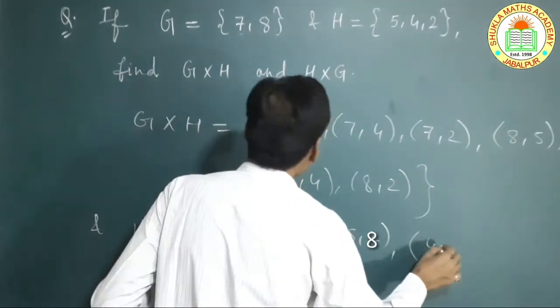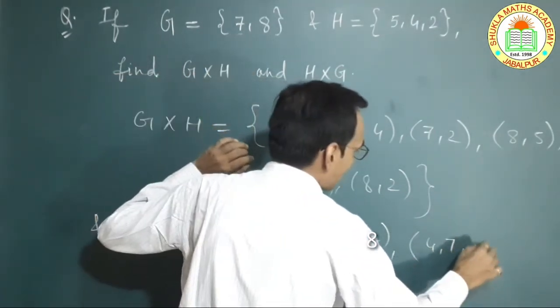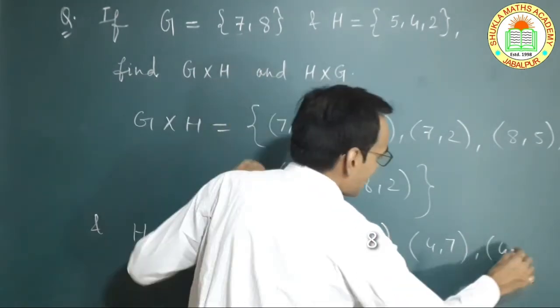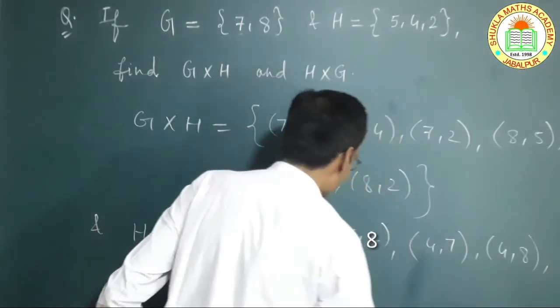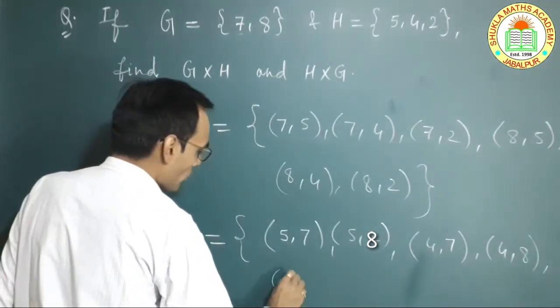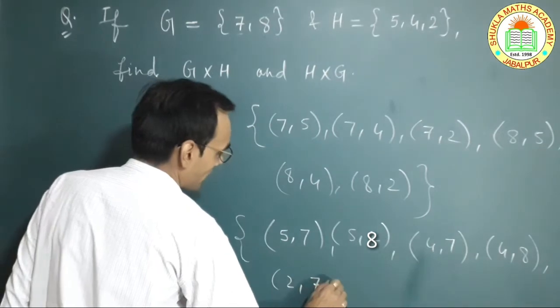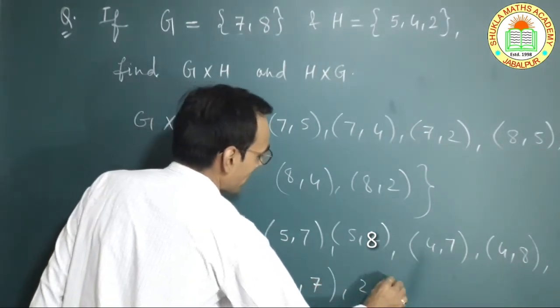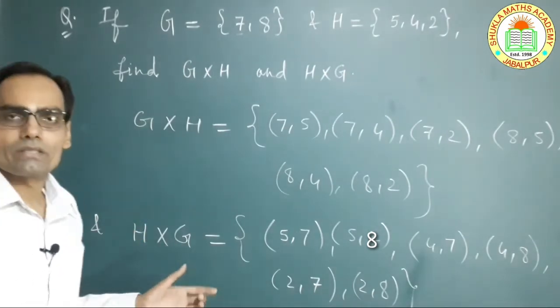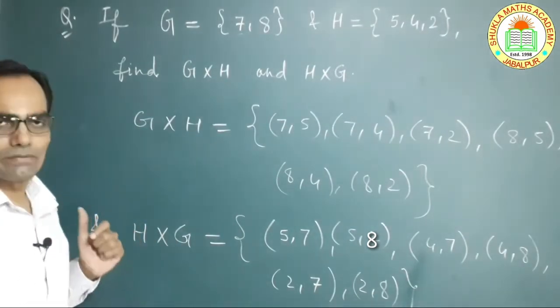So 4 and first element of G is 7. And now 4 and next element is 8 of G, right? And the last element of H is 2. So (2, 7) and (2, 8). So this is the H cross G, means Cartesian product of H and G.